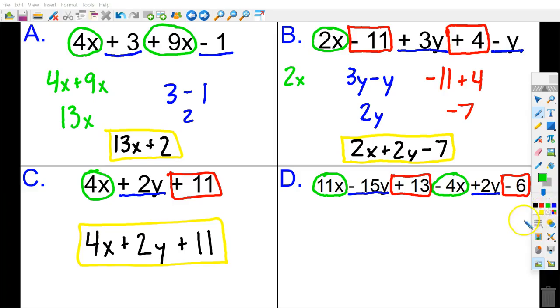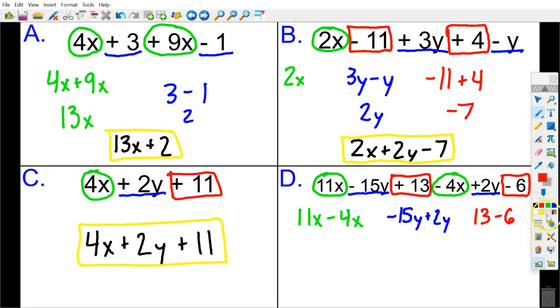Let's start solving. We've got 11x minus 4x. For the y's, we've got negative 15y plus 2y. And for the constants, we've got 13 minus 6.